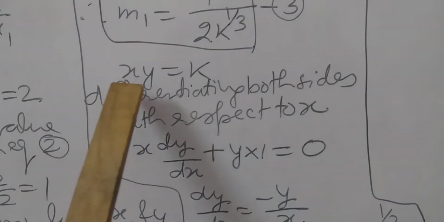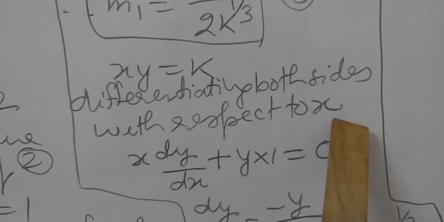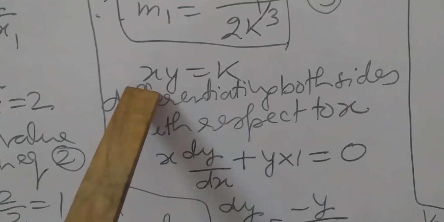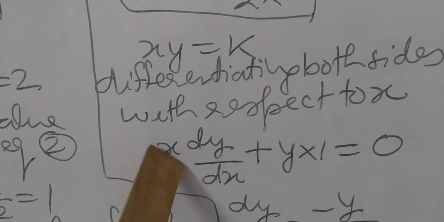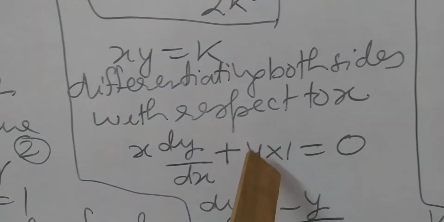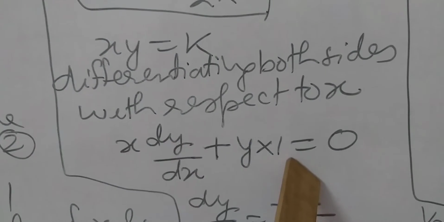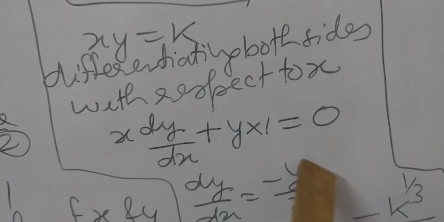Now the second curve equation is this, differentiating both sides with respect to x. So we have to use the product rule here. First term we write as it is, differentiation of second, plus second term as it is, differentiation of first. So differentiation of x will be 1 here.